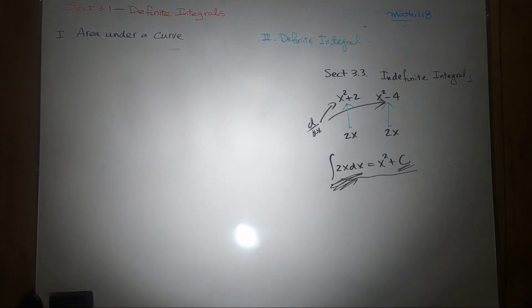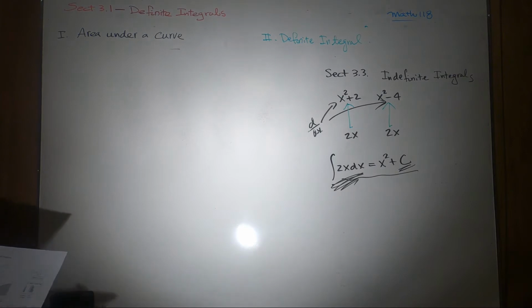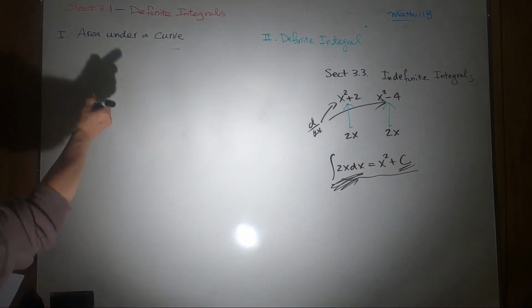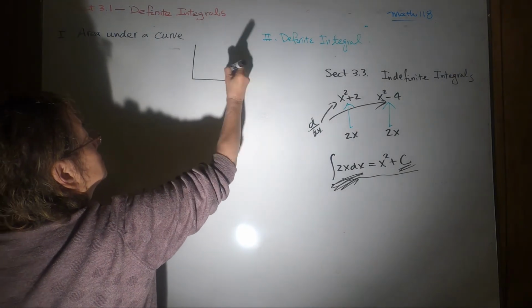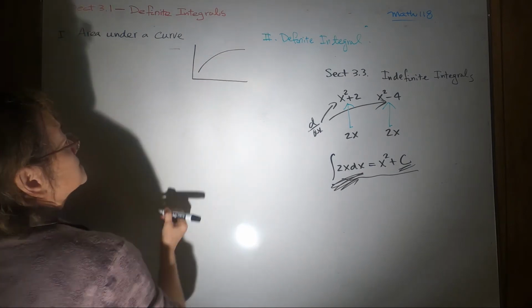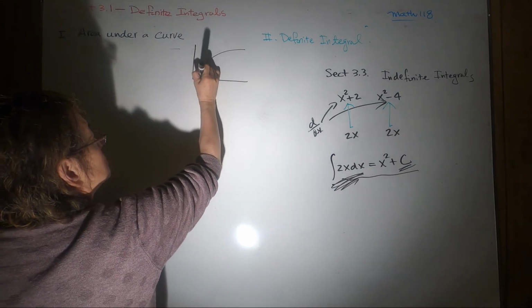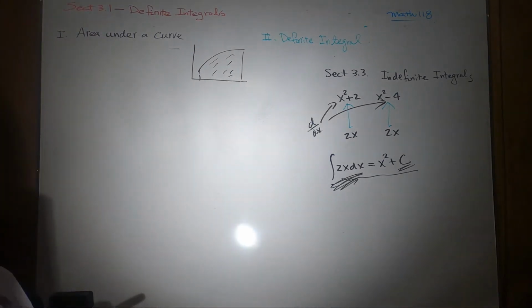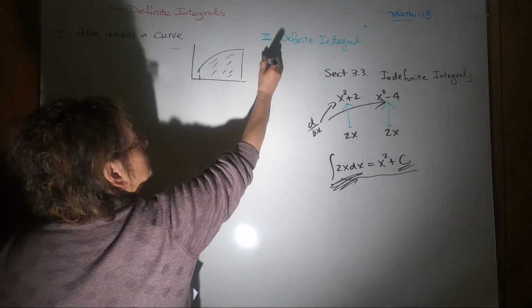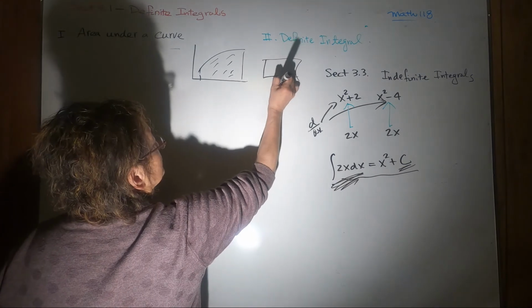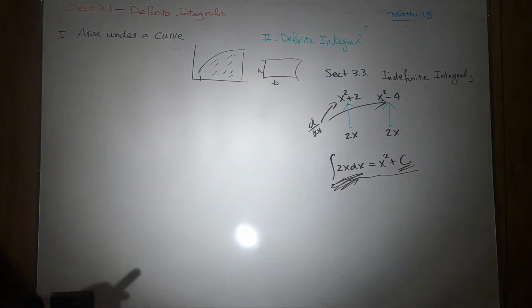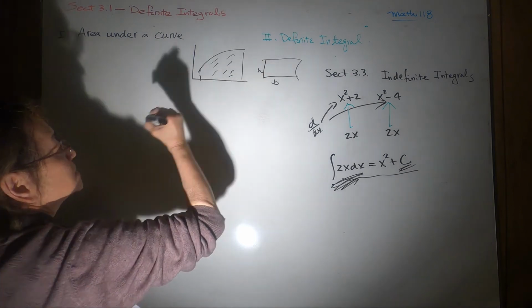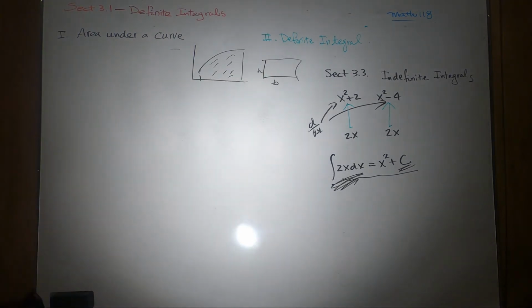Okay? Now, we are going to talk about area under a curve, which is a definite integral. Let's see, what do we mean by that? Okay, so if an area under the curve, so it's like this. So we are going to find the area, how big the area is. If it's a rectangular shape, it's base times height, you can do it. What happens if it's a curve, right?